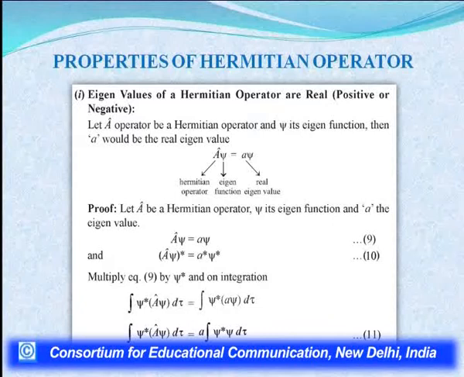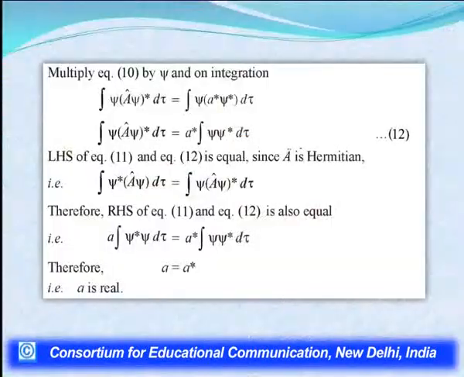Now the left hand side will remain as such, and because A is a constant, I am taking A out of the expression. So it will become A times the integral of psi star into psi d tau, and this will be our equation number 11. Now first we multiplied equation number 9 with psi star, and now we will multiply equation number 10 with psi.